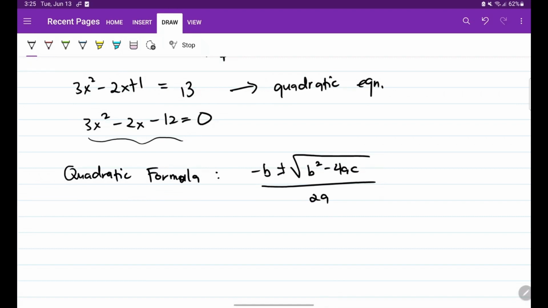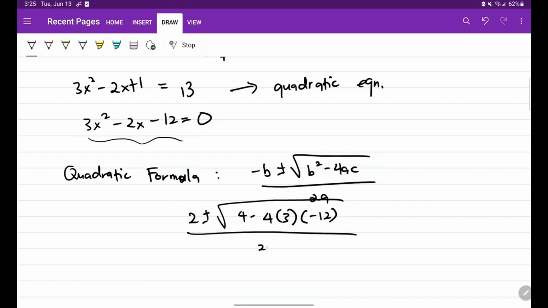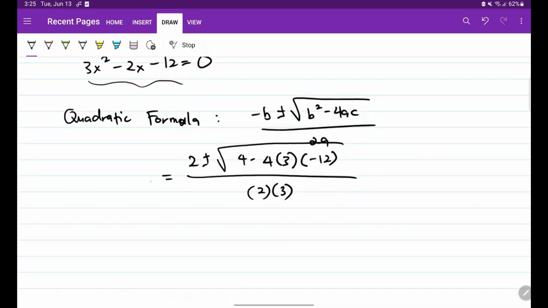So that is negative negative 2, which will become 2, plus minus square root ng b squared, that is 4, minus 4 times a, which is 3, times c, which is negative 12, all over 2a, so 2 times 3. So let's simplify this. So x would be equal to 2 plus minus square root ng 4 minus 4 times 3 times negative 12, that is 148, all over 6.